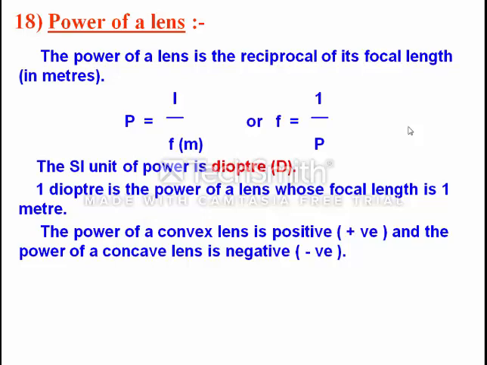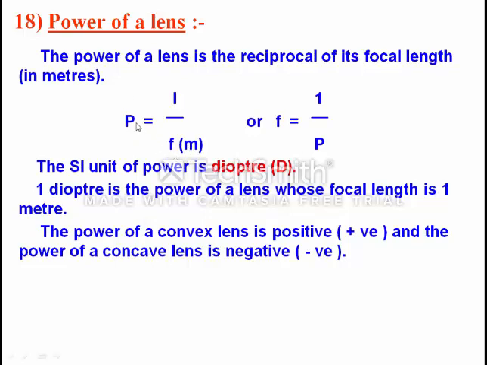Sometimes a question may be asked in the exam where power is given to you, let us say power is equal to -3 diopter, and it asks which type of lens is used. While seeing the power, if the focal length is negative, then power will also be negative.